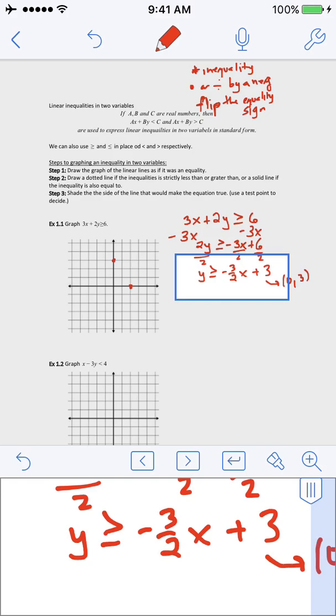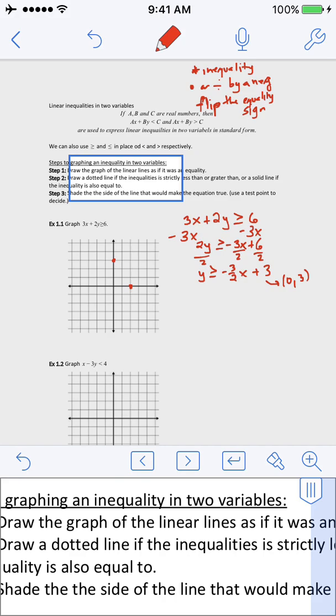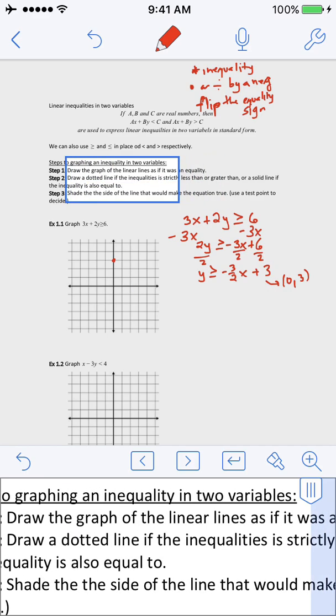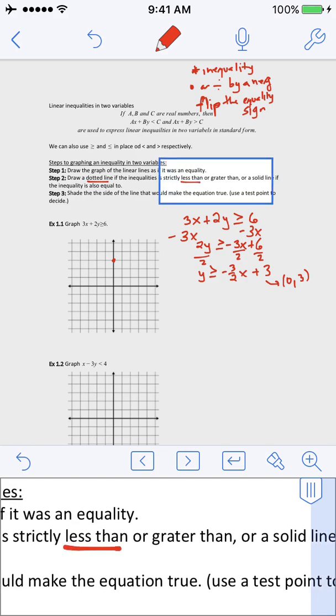Alright. The second step, and you can actually do this first if you want, is indicate whether you need a dotted line or a solid line. Dotted line is for inequalities that are strictly less than or strictly greater than, so not the equal to's, okay?